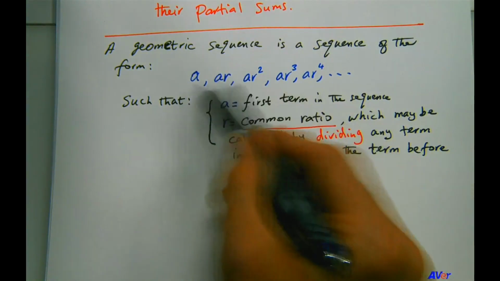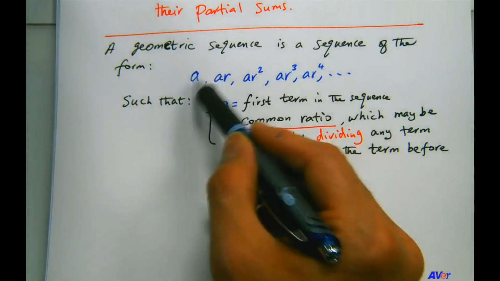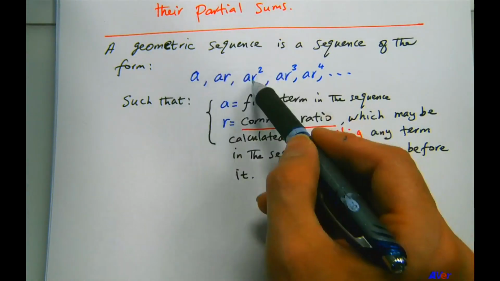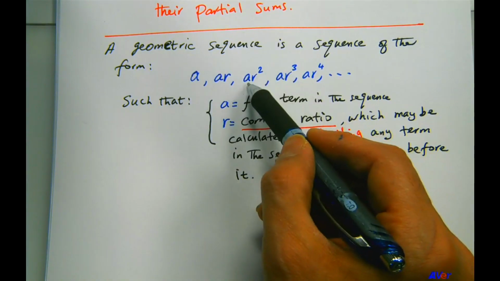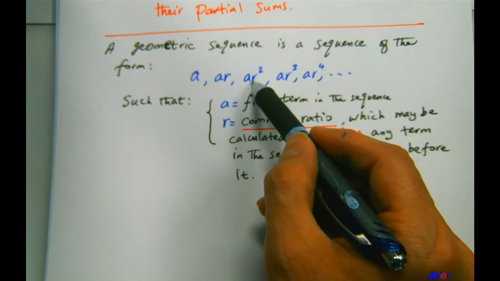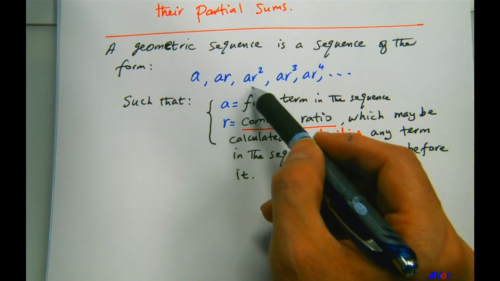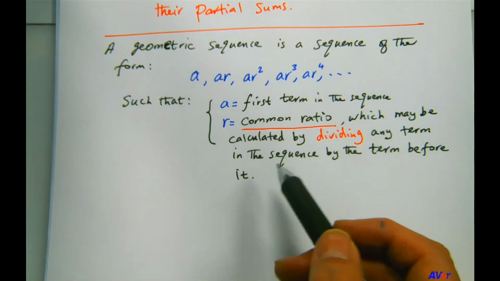So to obtain the common ratio, we can divide ar by a, or ar squared by ar, or ar cubed by ar squared. So any consecutive terms, this term divided by the term previous to it, is going to give us the common ratio. And the common ratio is constant throughout a single geometric sequence.